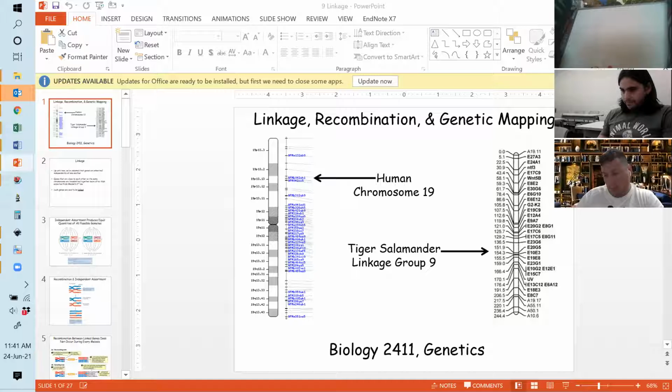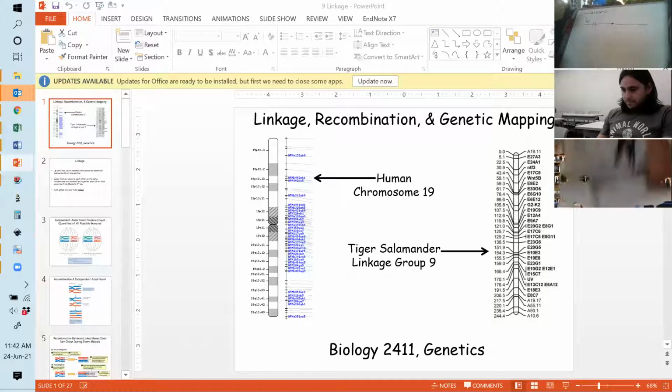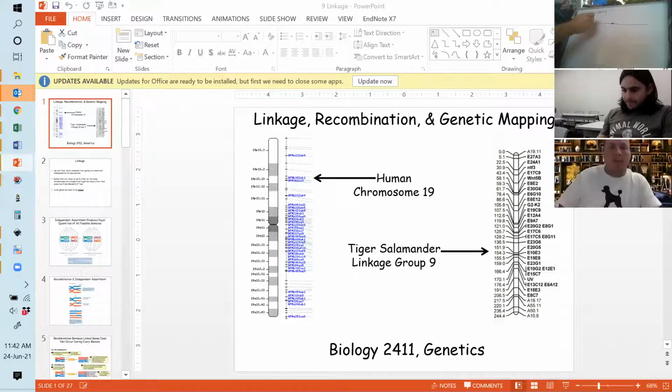So often these things are easier to draw than they are to explain. So let's say you have a chromosome. And you have a chunk about that big. So the recombination might occur here.